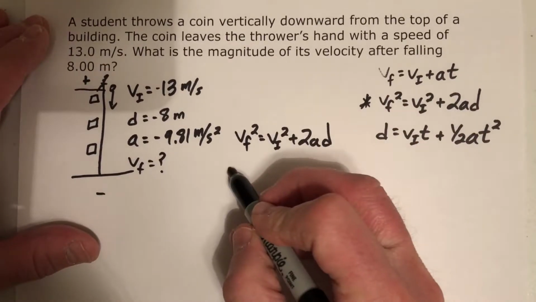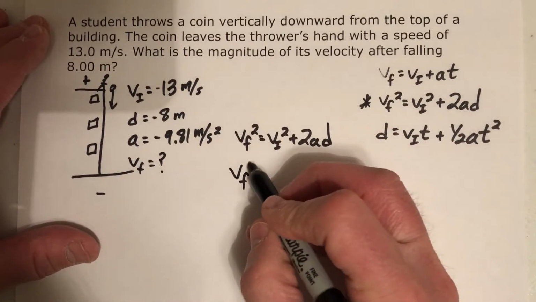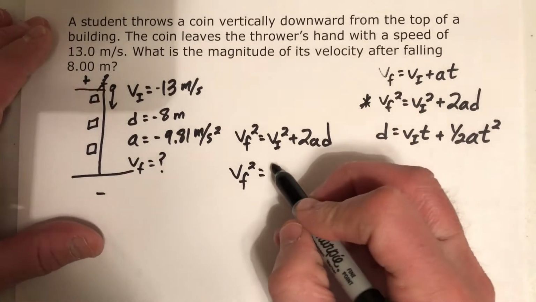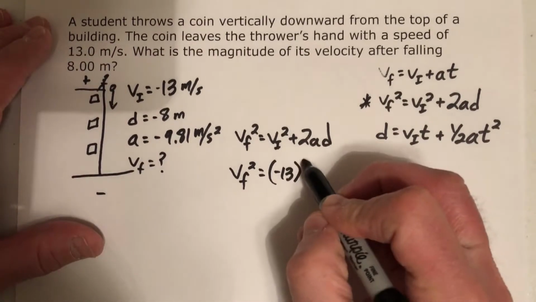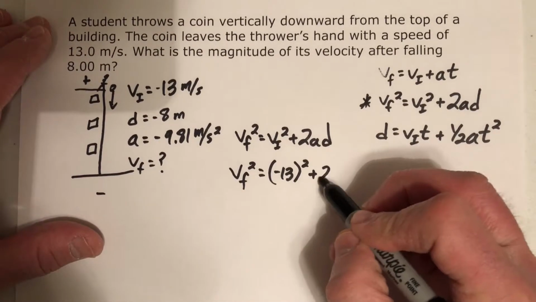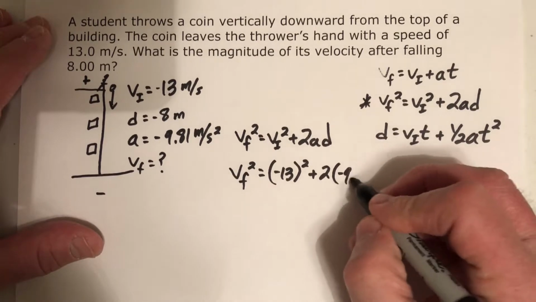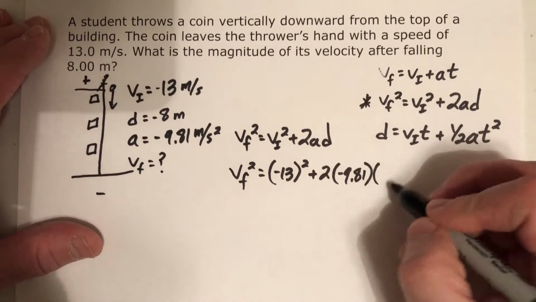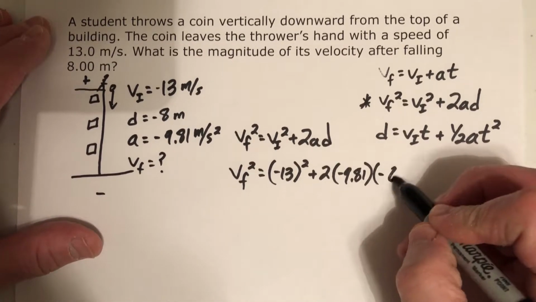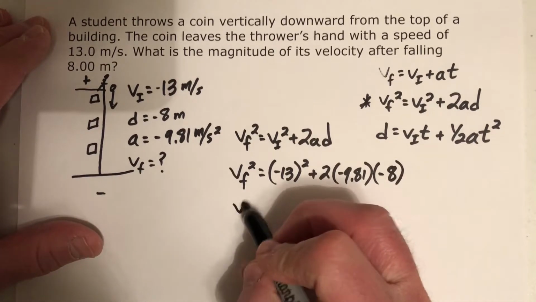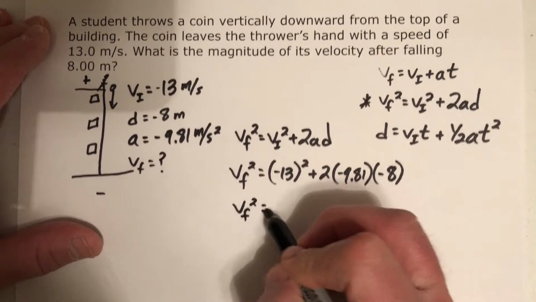Now we plug our numbers in. VF squared equals VI squared, which is a negative 13 squared, plus 2 times acceleration, which is a negative 9.81, times the displacement, which is a negative 8. And then we solve for our VF squared.